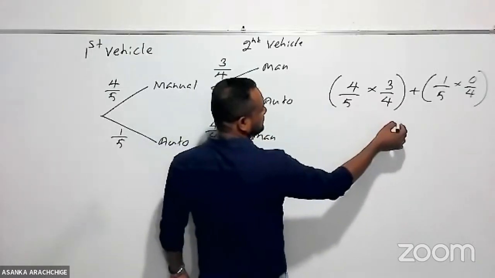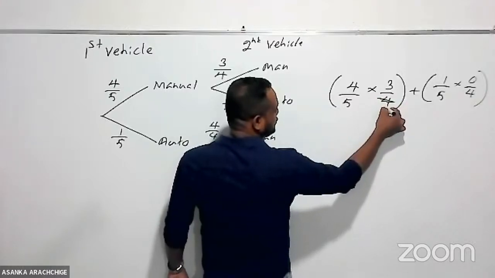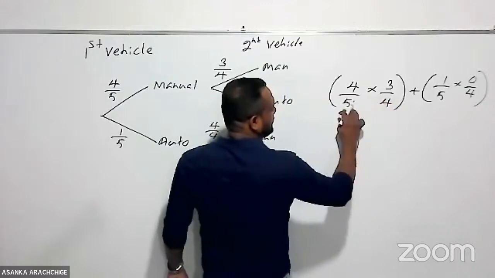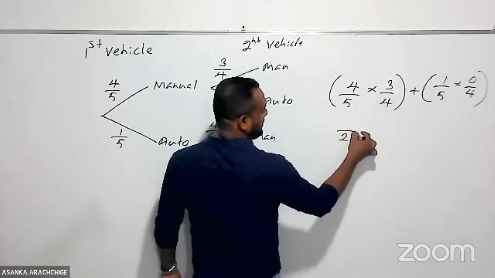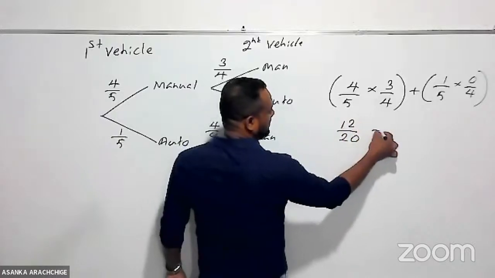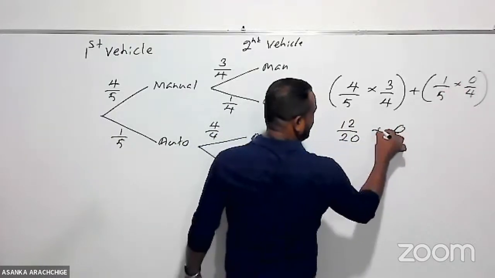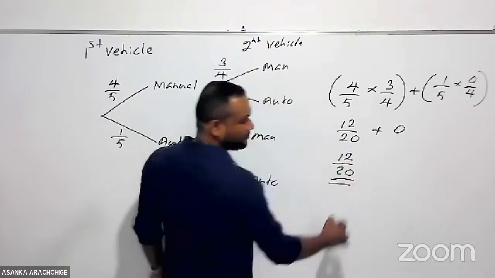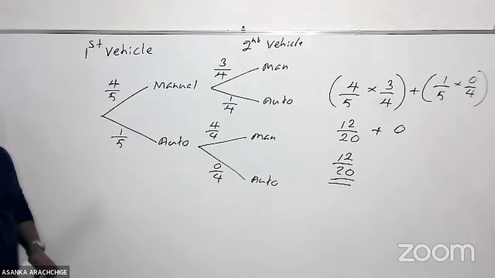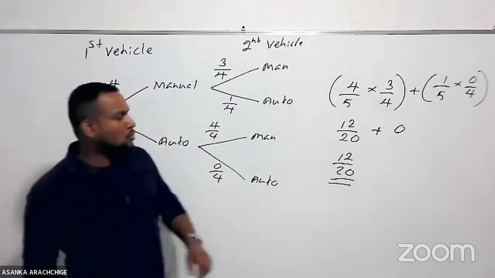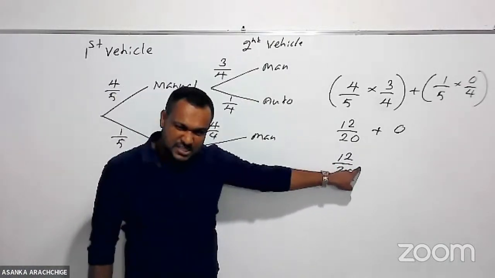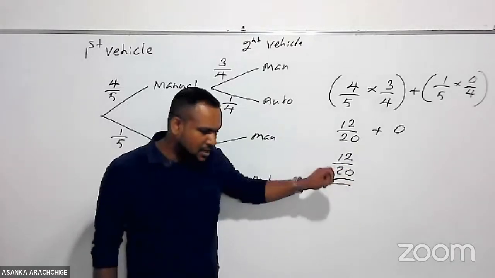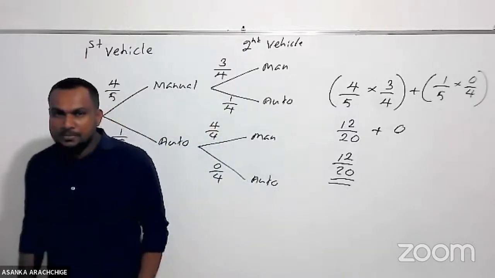Here, 4 times 3 over 5 times 4: 5 times 4 is 20, 4 times 3 is 12, plus this is 0. Answer: 12/20. If you want, you can write it in the simplest form. That is not necessary. Writing it this way, the answer is accepted in probability.